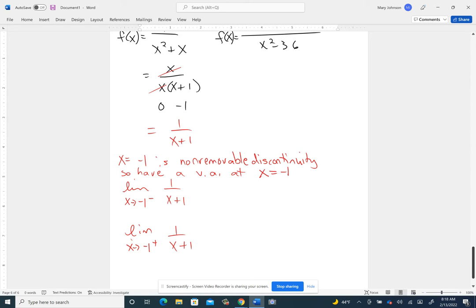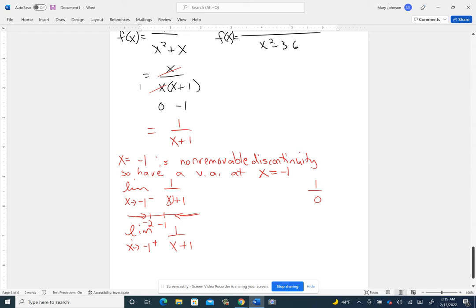The definition of a vertical asymptote has to do with imagining approaching -1 from the left and from the right. If it goes towards infinity, then you have a vertical asymptote. So to the left of -1 would be -2. If we approach this from the left, I know at -1, I'd have 1 over 0. So I know it's an infinity of some sort.